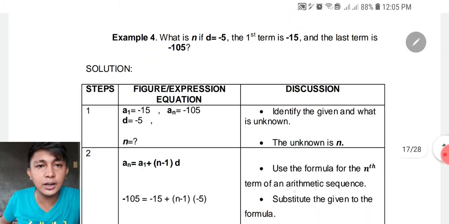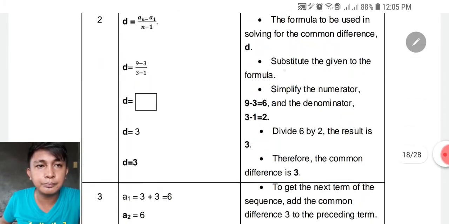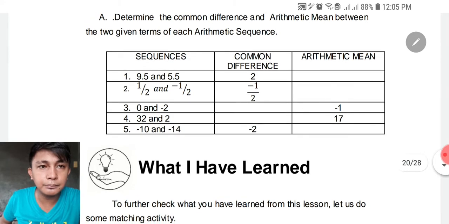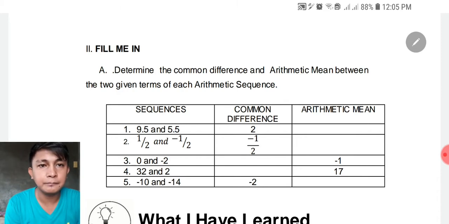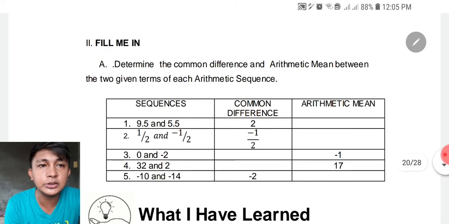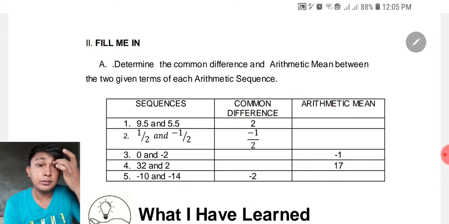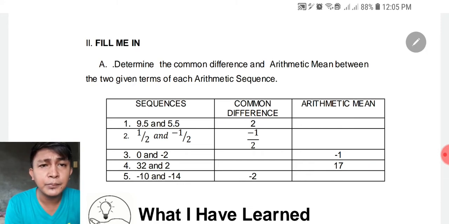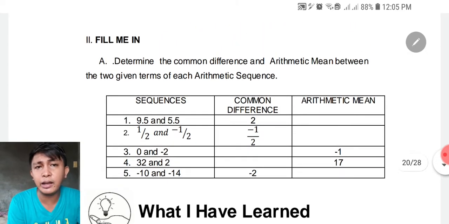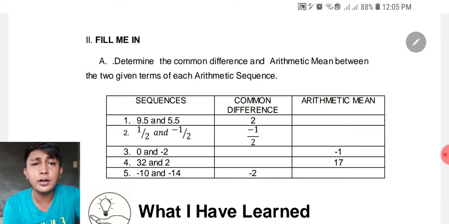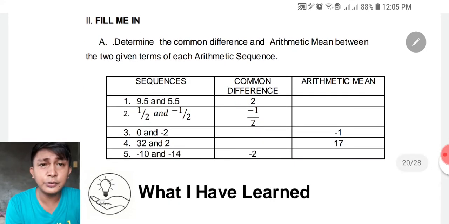So, let us go over the module that was sent to you. Number 1, determine the common difference and arithmetic mean of the two given terms of each arithmetic sequence. The common difference between 9.5 and 5.5 is 2. Get their average. Since only one arithmetic mean is being asked, 9.5 plus 5.5, we have 15.